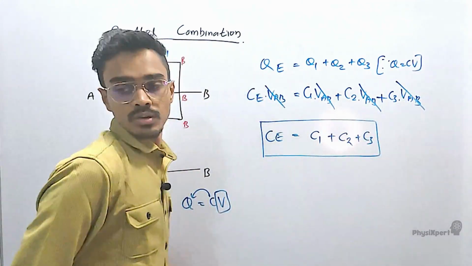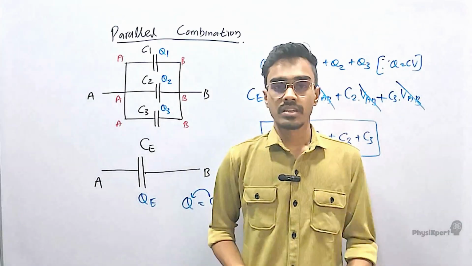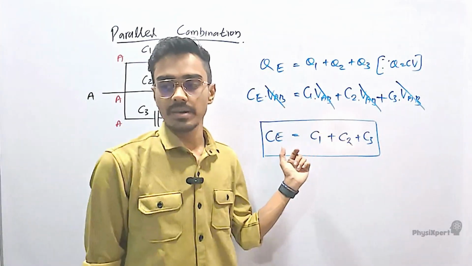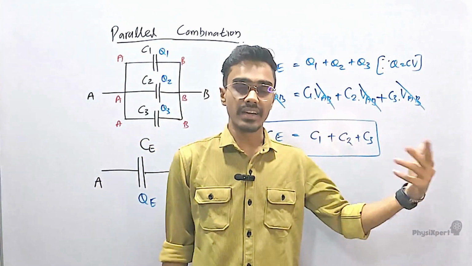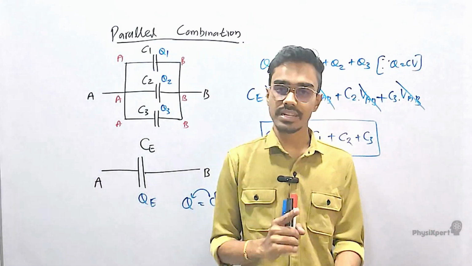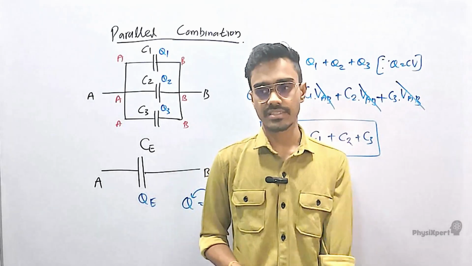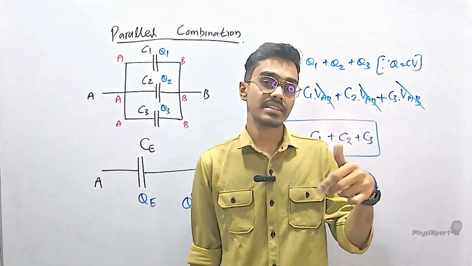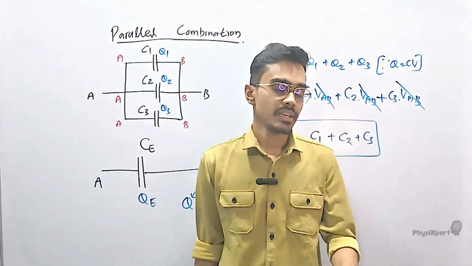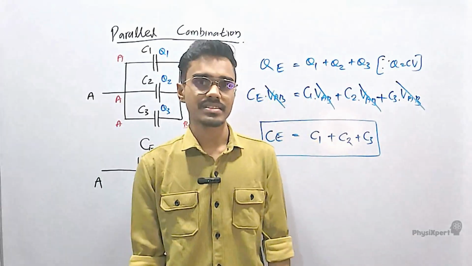This is the proved equation for equivalent capacitance in parallel combination. In parallel, the higher the number of capacitors, the higher the equivalent capacitance. So capacitors behave exactly the opposite way to resistors. In parallel combination, resistors involved reciprocal addition, while capacitors are just a direct addition. Just know those differences as well.